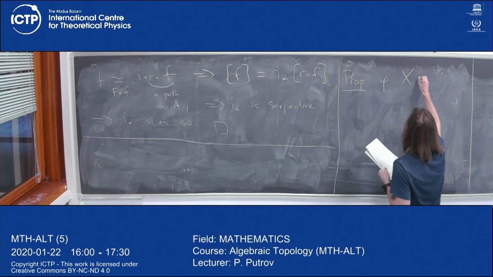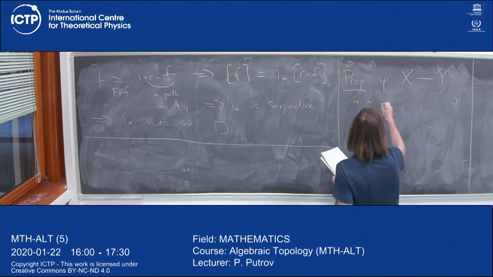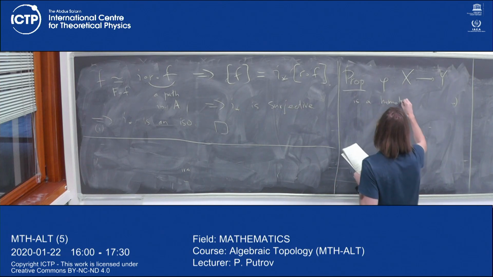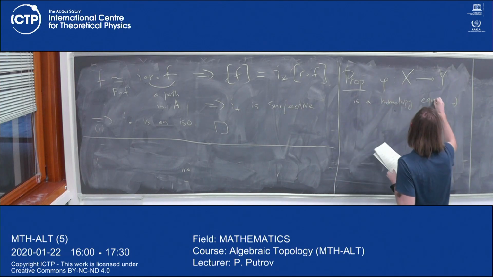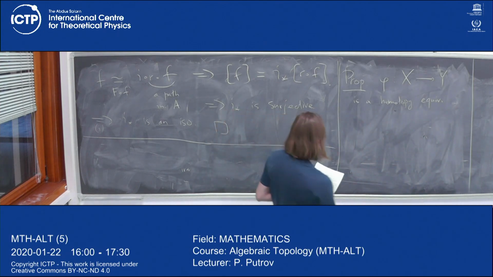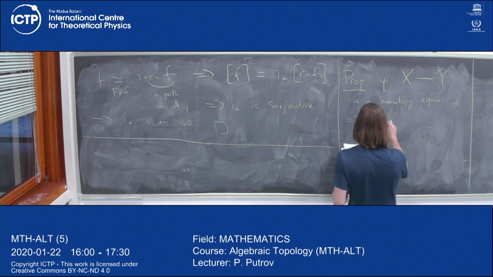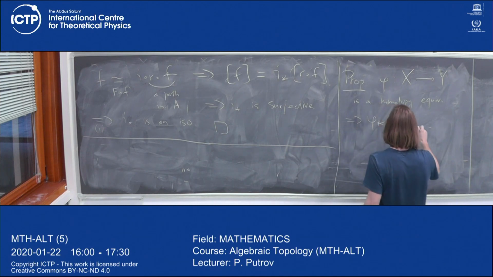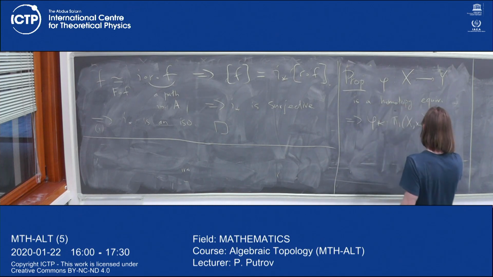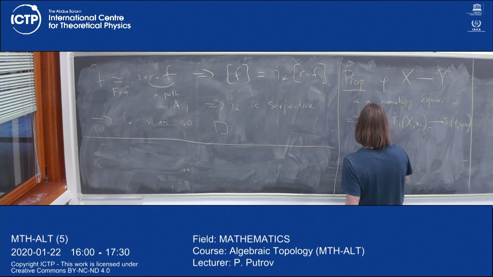Suppose phi from X to Y is a homotopy equivalence of topological spaces X and Y. Then phi star, the push forward, which is a map from pi 1 of X, x0 to pi 1 of Y, phi of x0, is an isomorphism.